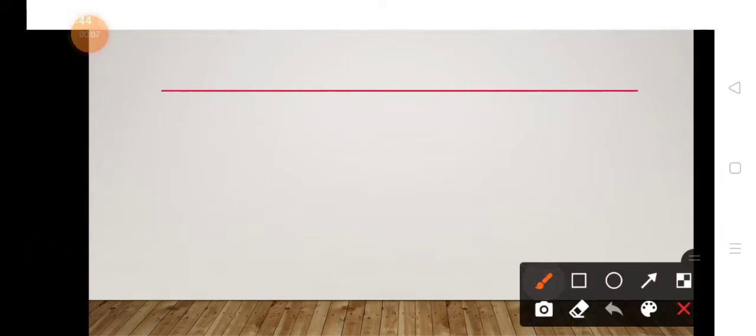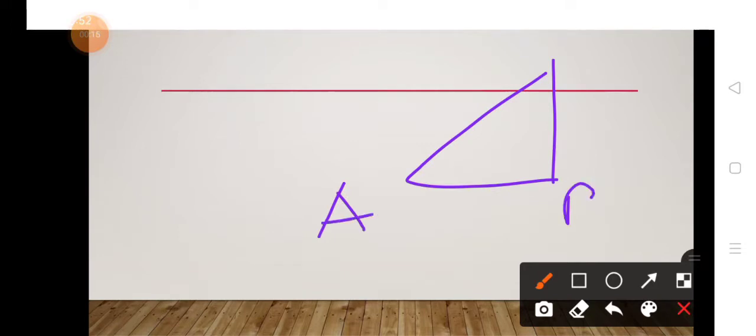Now, I will change the position of the sides which we did earlier in the earlier triangle. I'm changing the position. A, B, C, it's the same triangle. I'm just changing the position of the angle here.